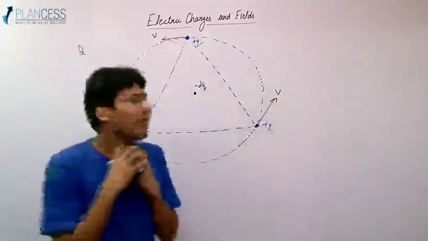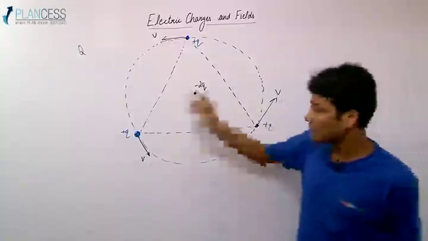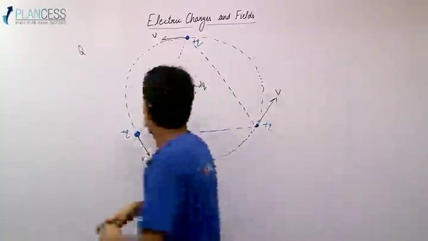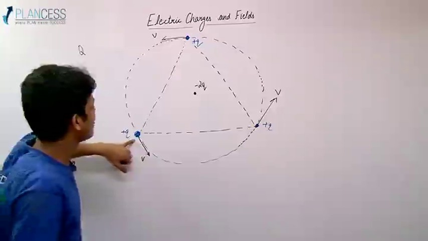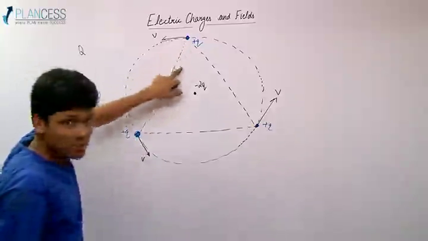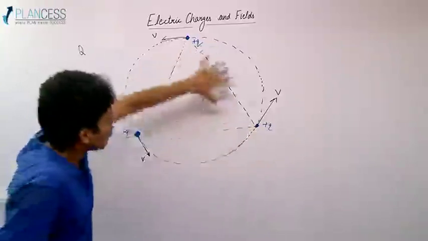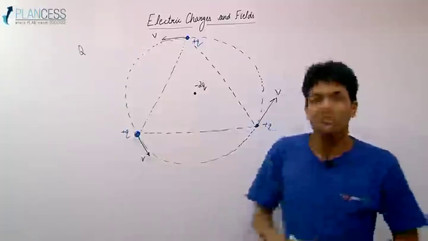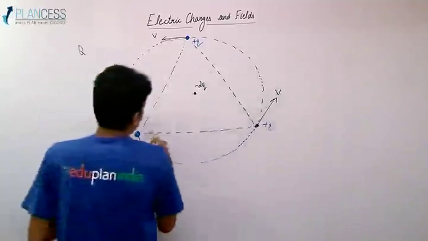Basically, the funda behind this question is that let us consider this charge which is rotating with a velocity v in this circle. We know that electrostatic forces on this charge are applied by this plus q, by this minus 2q, and by this plus q. So all these three charges simultaneously apply force on this plus q charge. So what is the total amount of force that is applied on this plus q charge?